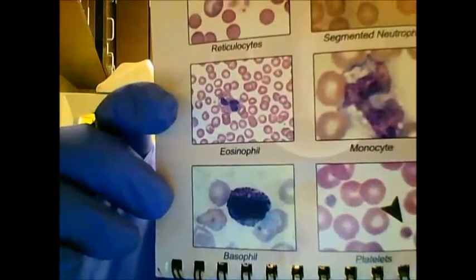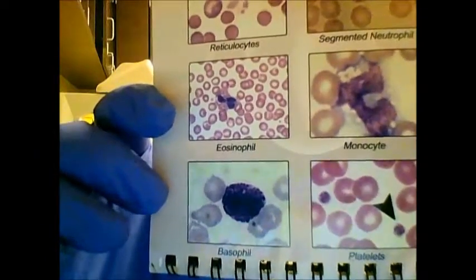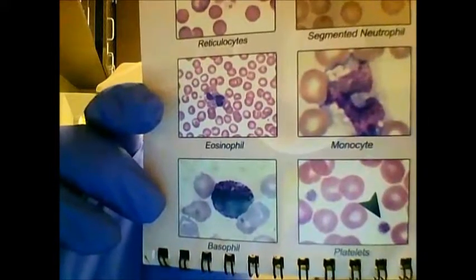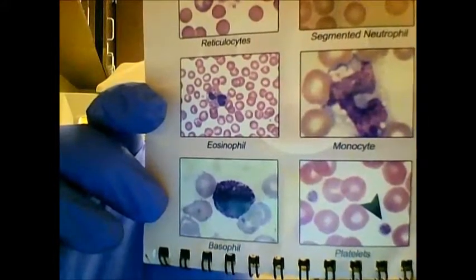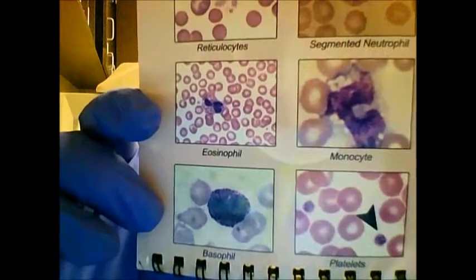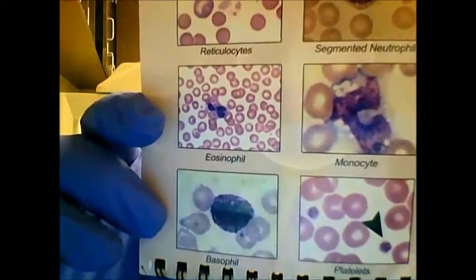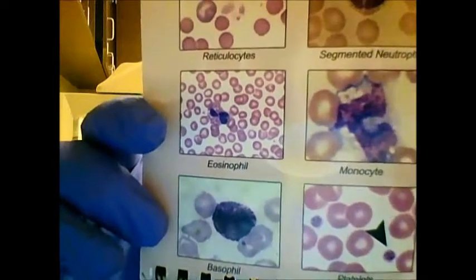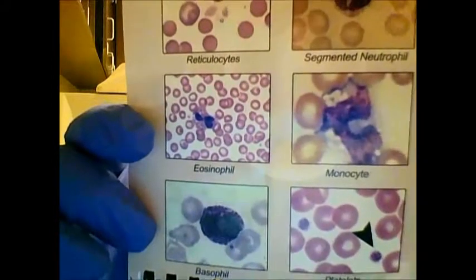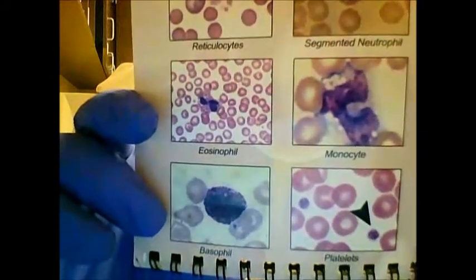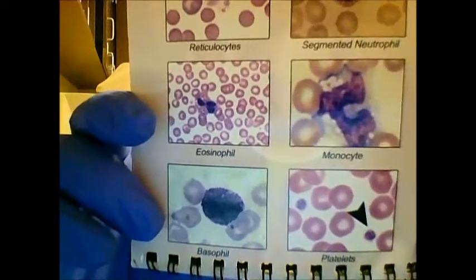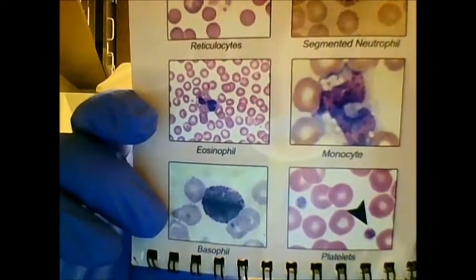The next ones we're going to look at are the eosinophils and the basophils. They're very similar in that they both appear during allergic reaction, when you have a sensitivity or hypersensitivity. Basophils are much less common. You shouldn't really see them at all, they're very rare.